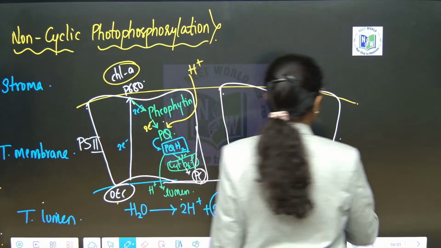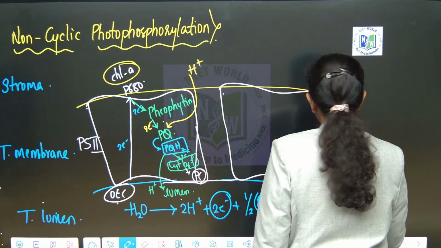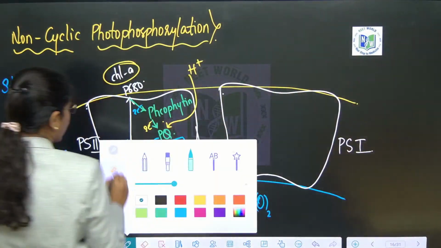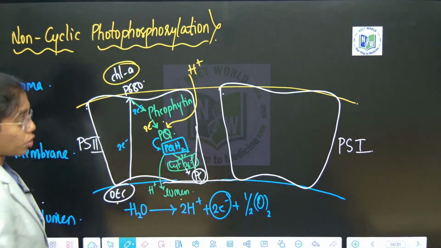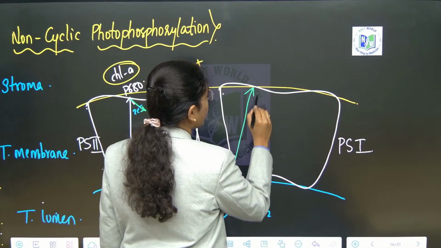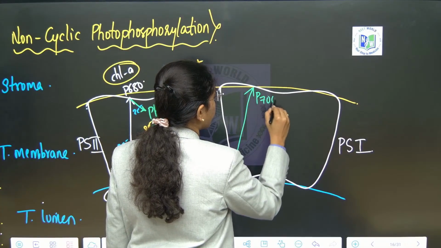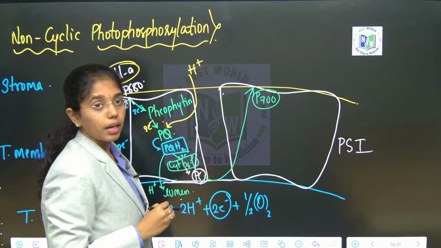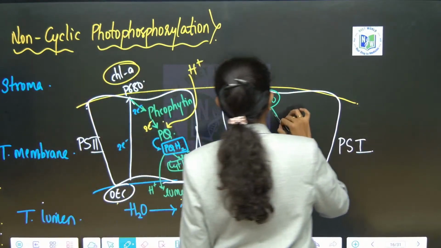Now, in photosystem 1, the electrons which are being transferred from plastocyanin get excited, and the reaction center over here is P700. Fine, right? From here the electrons are being transferred.